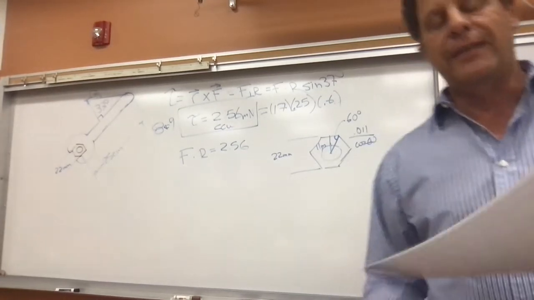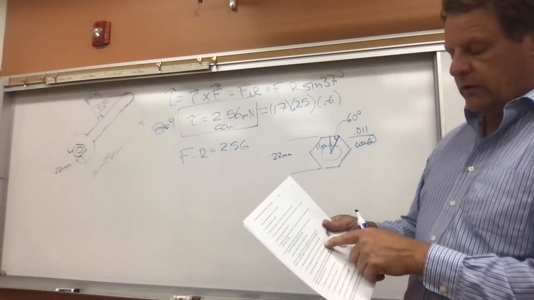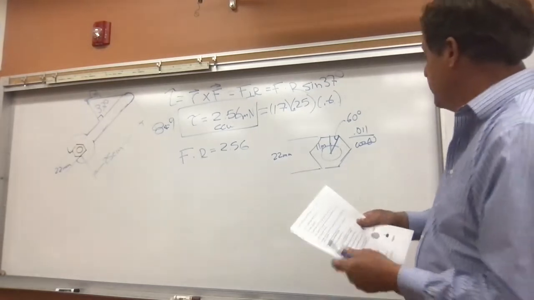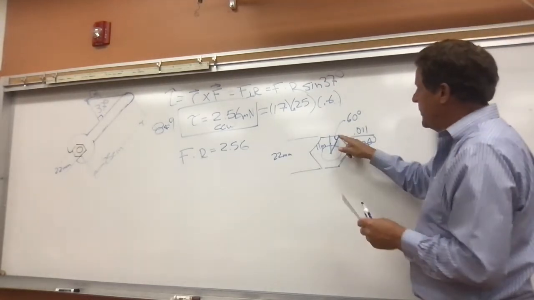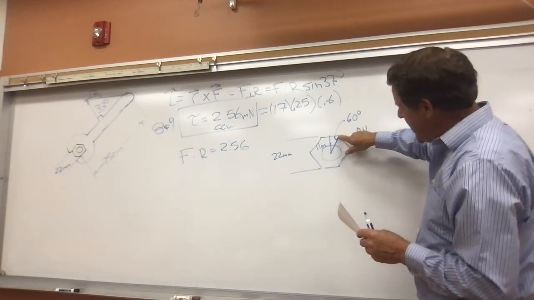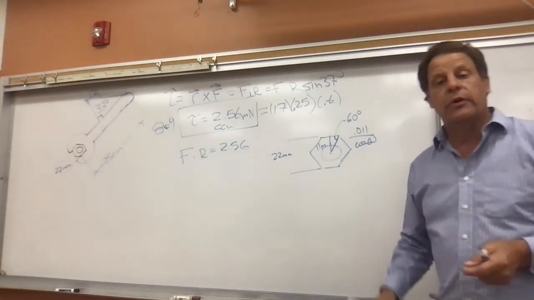Now, you guys can see there that I told you that the effective radius of the nut was 12.7 millimeters. That's because the force is being applied here from this edge down to the radius. So it's not 11, it's going to be 12.7.